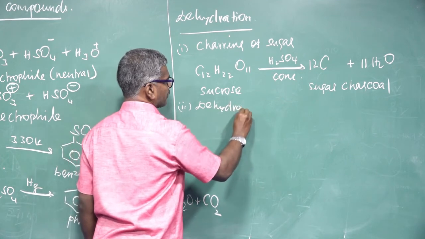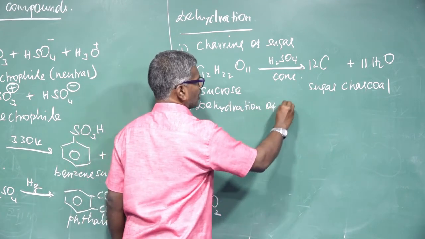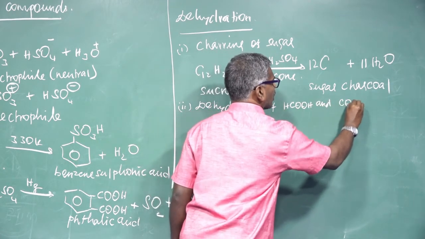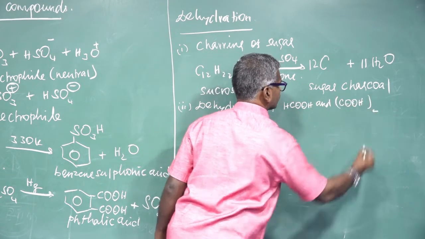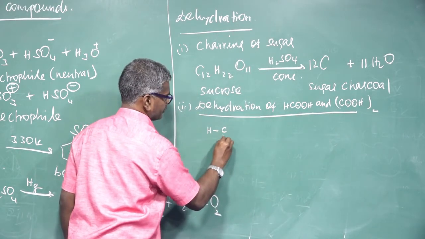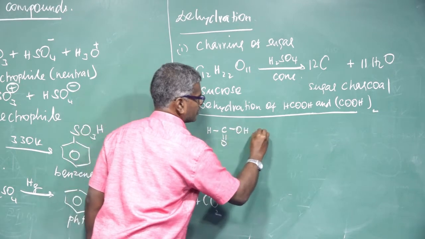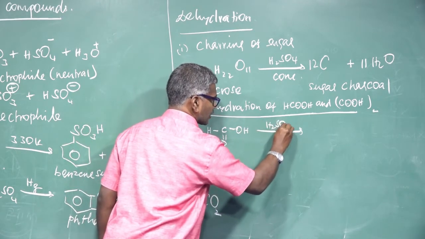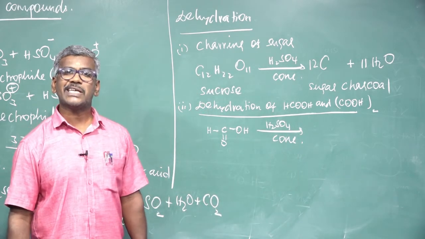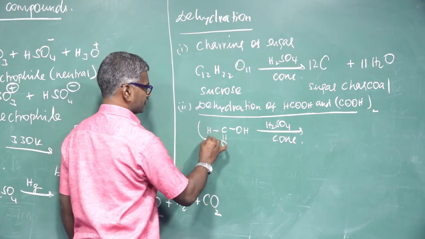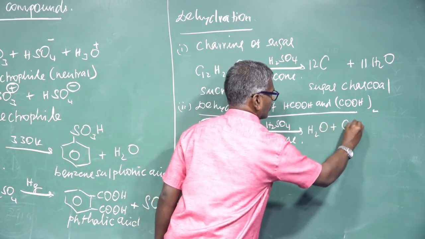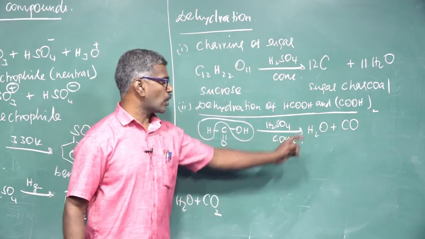Another point: dehydration of formic acid and oxalic acid. Formic acid treated with concentrated H2SO4, sulfuric acid acts as a powerful dehydrating agent, removing water, giving carbon monoxide and water.